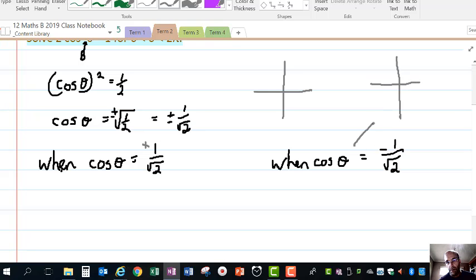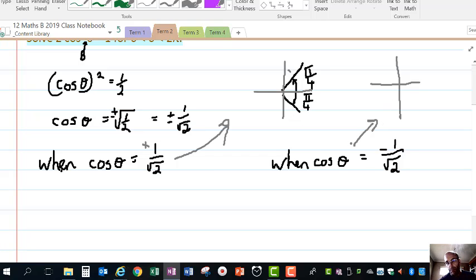This one corresponds with that, and that one with that one. We've got positive values of cos in quadrant 1 and quadrant 4. If we take the inverse cos of 1 over root 2, we get pi over 4 as the acute angle. Therefore, the acute angle down here is pi over 4.